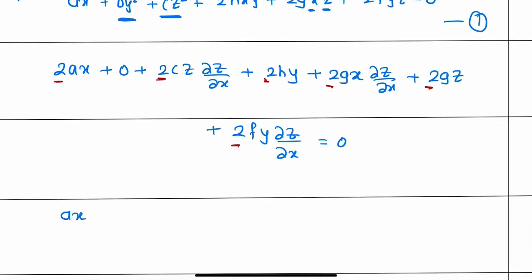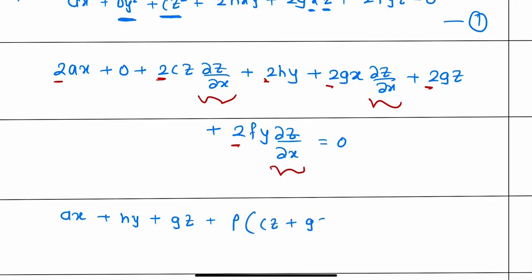Rewriting it again, we have ax plus hy plus gz plus p into cz plus gx plus fy equals 0. This is our equation 2.